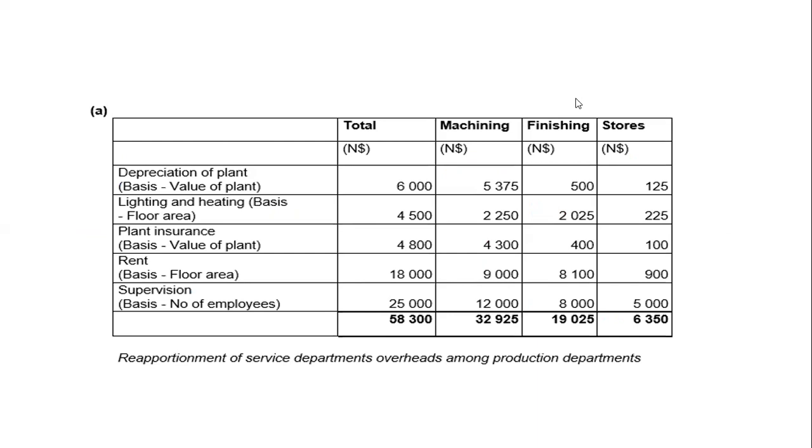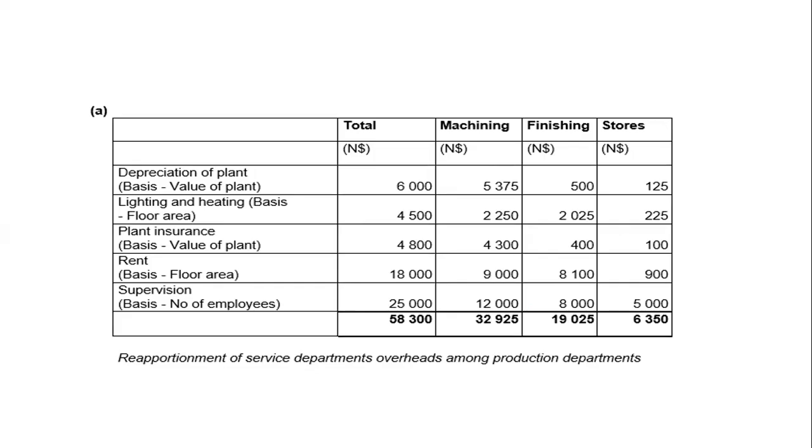Like in this case, we apportioned for 3 departments, including the service department. How do you get to know that this one is a service department? This department doesn't involve itself in the production of goods, such as stores. Everything is being done in the other departments, and in the stores department, we just store the goods there. So what we have to do first is to apportion to all the 3 departments.